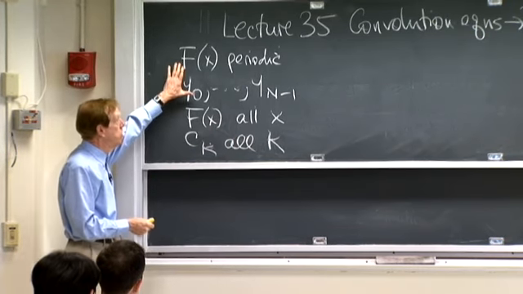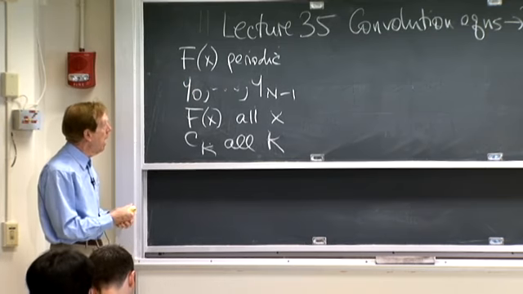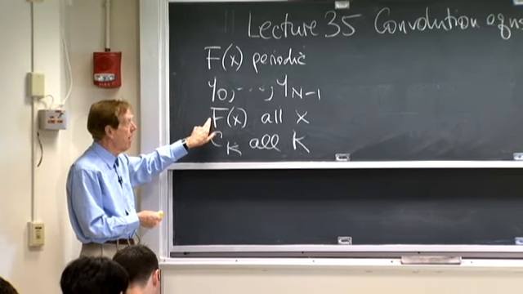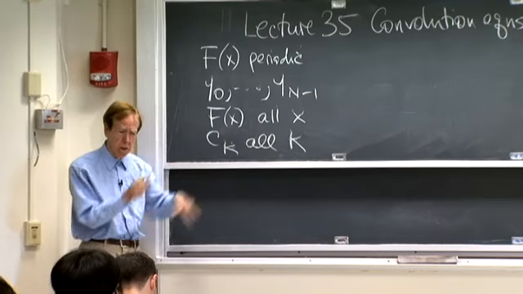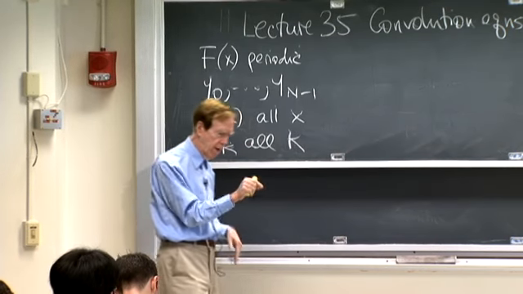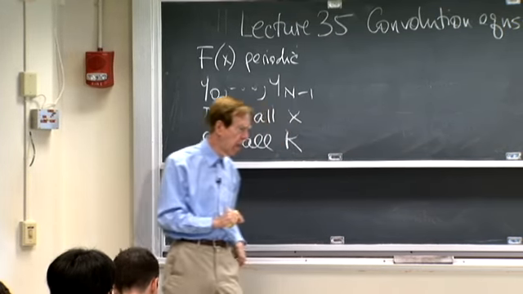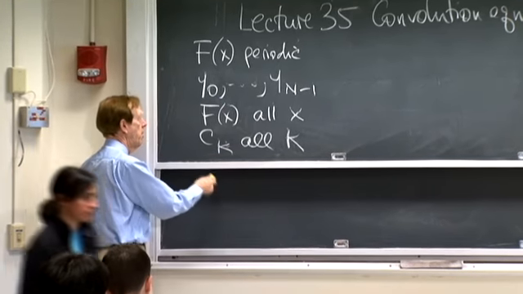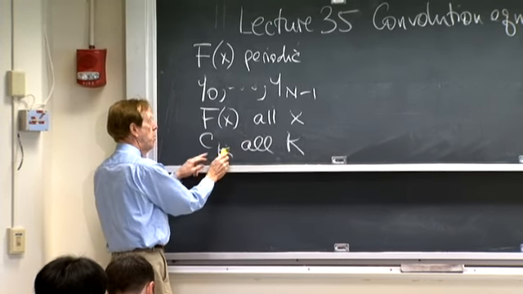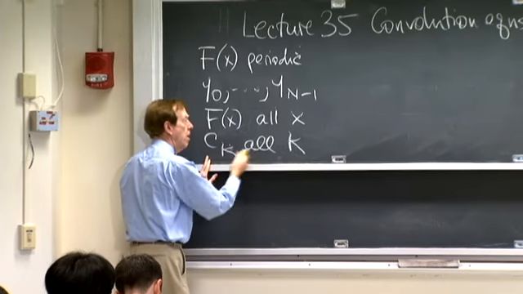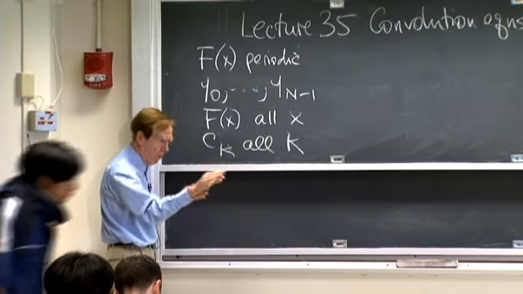So those are the 2 that repeat. This is the f of x, this is all x, so that would be the Fourier integral transform that we did just last week. And this is the discrete all the way.